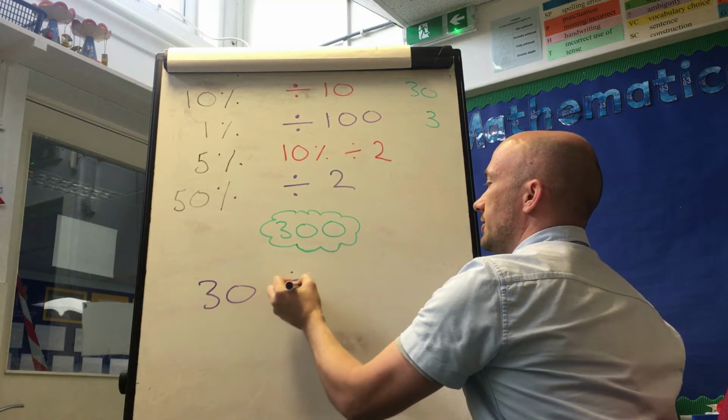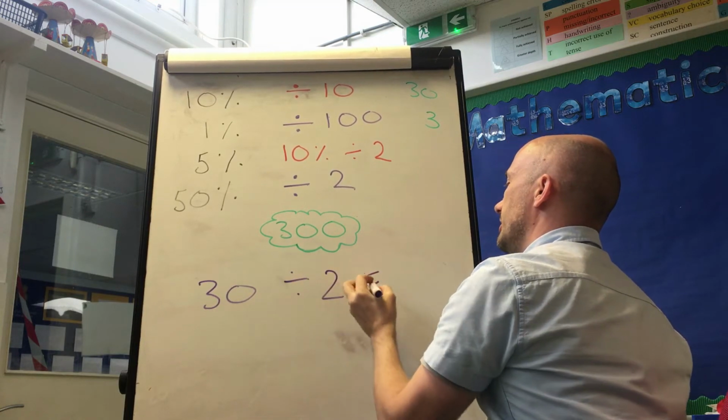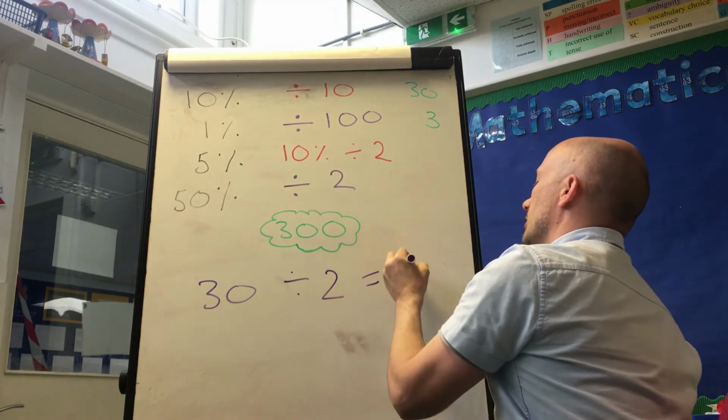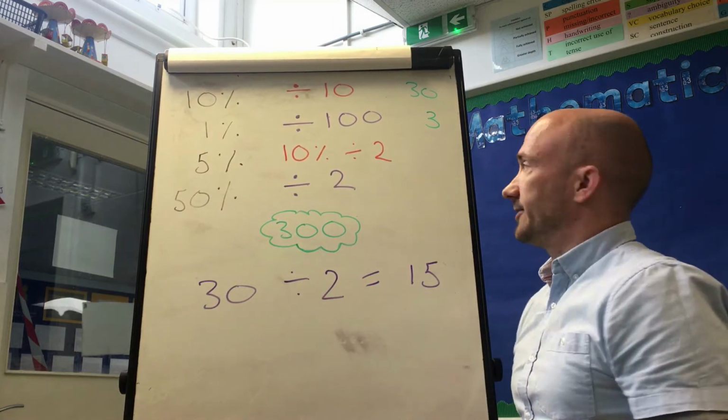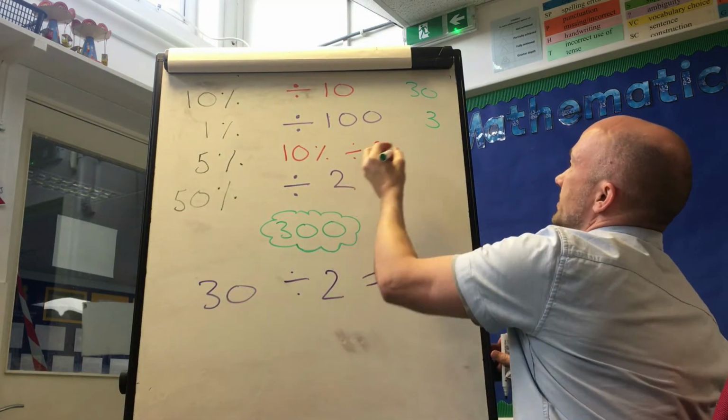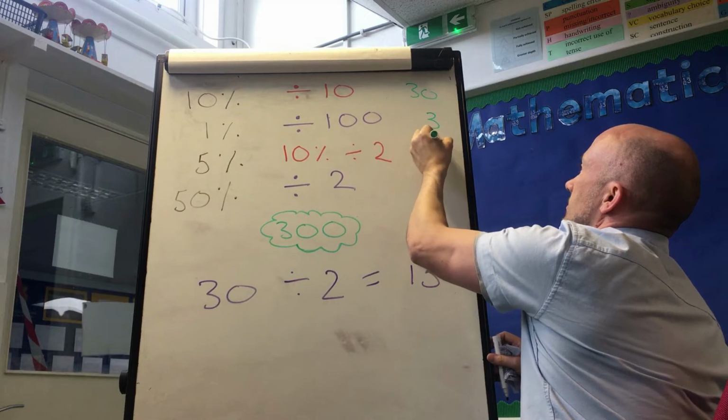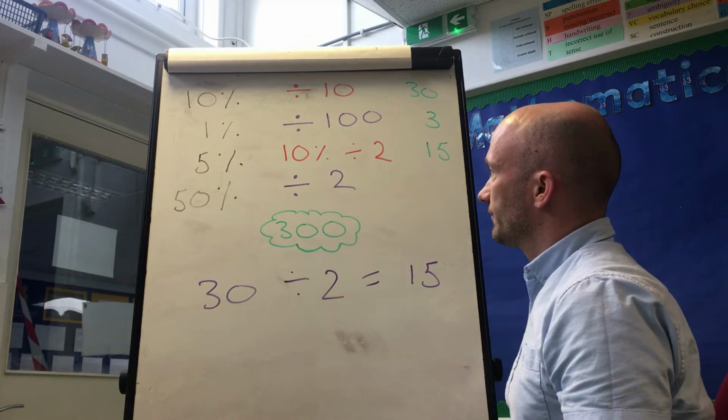So 30 divided by 2 equals 15. So 5% of 300 is 15.